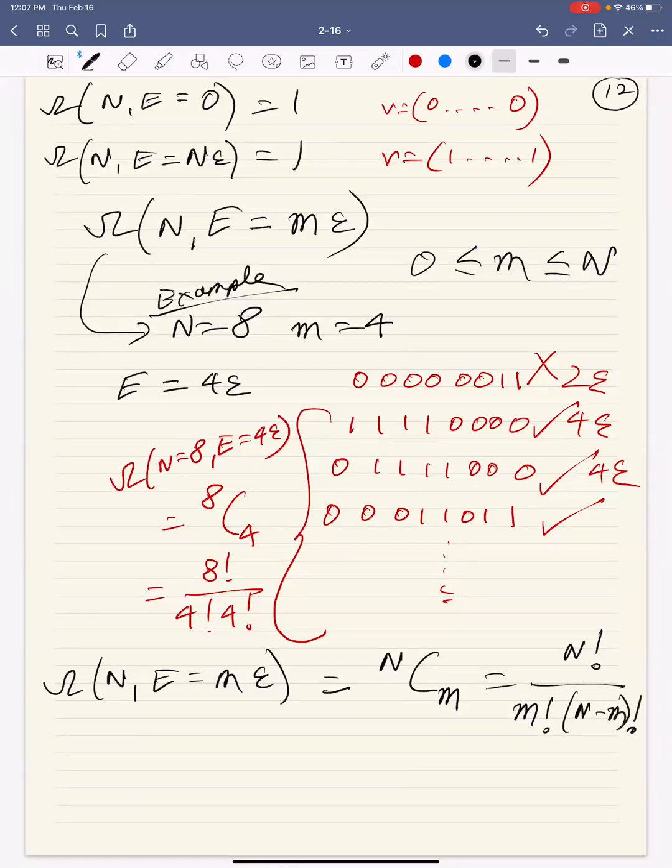This is the number of microstates. And if M is confusing you, you can think about M as the number of particles in the excited state.